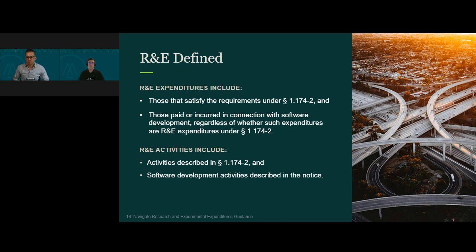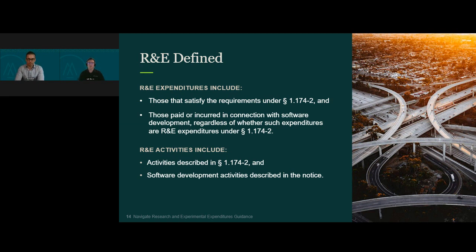Those activities and expenditures that satisfy the requirements of Treasury Regulation 1.174-2. Meaning those expenditures that are in the experimental or laboratory sense, intended to discover information that would eliminate uncertainty concerning the development or improvement of a product. This is our previous definition of Section 174 and what it meant to be an R&D expenditure.